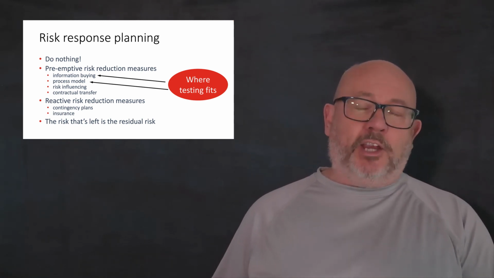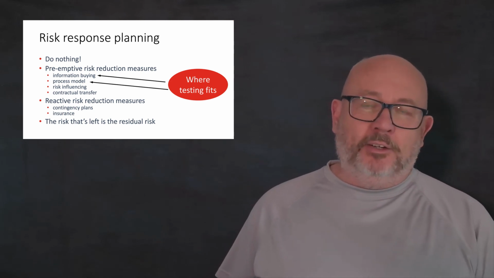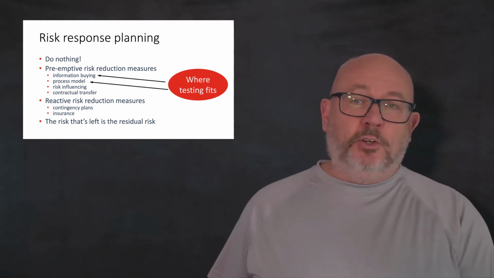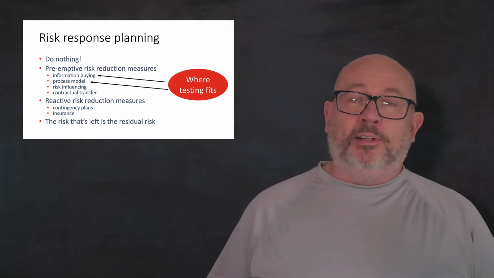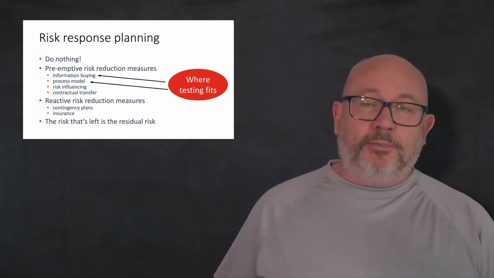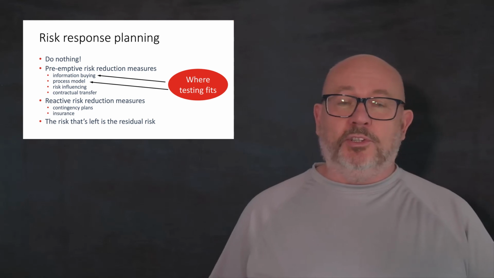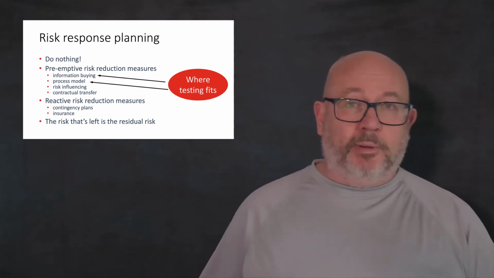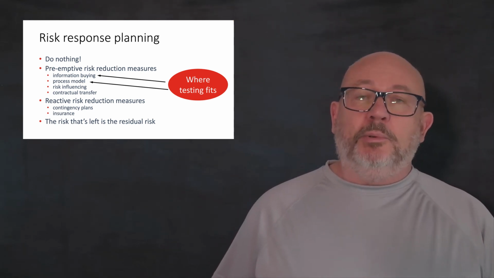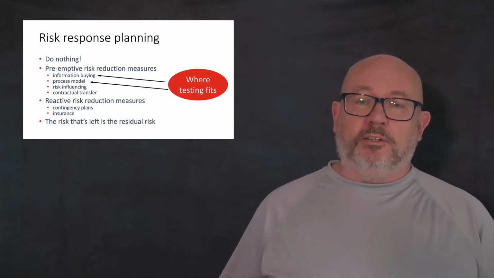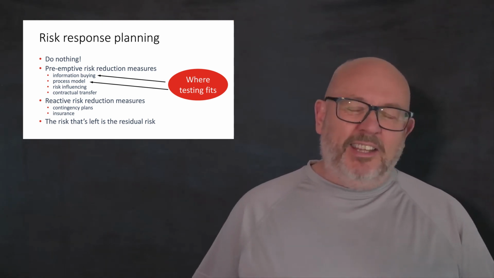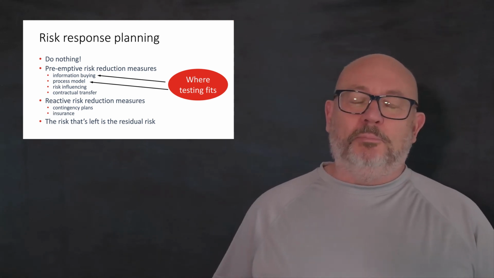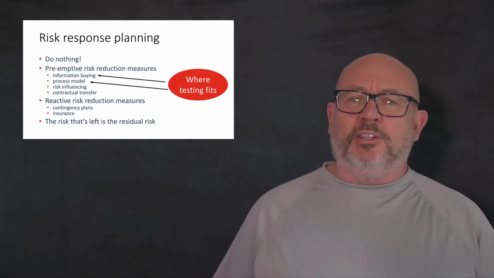We add an extra level or layer or stage of testing, maybe performance testing or security testing if that's been overlooked, or there's particular functionality that we thought was reliable but turns out not to be quite as reliable as we thought. So we change our process, and that's what testing does. The other measures that we have really aren't related or relevant to product risk, which is our main concern as testers.